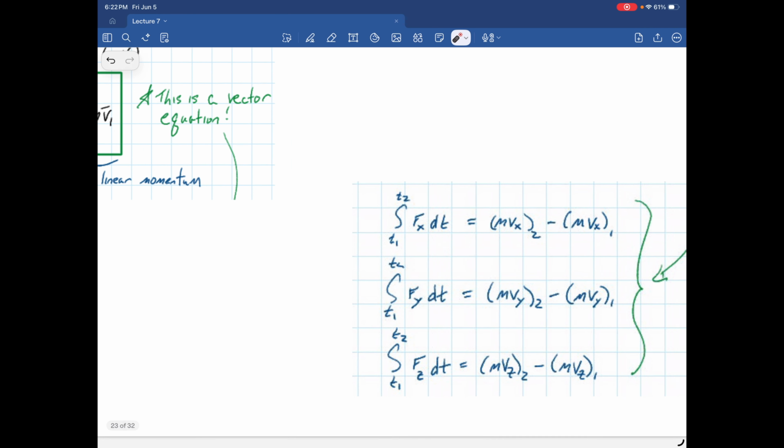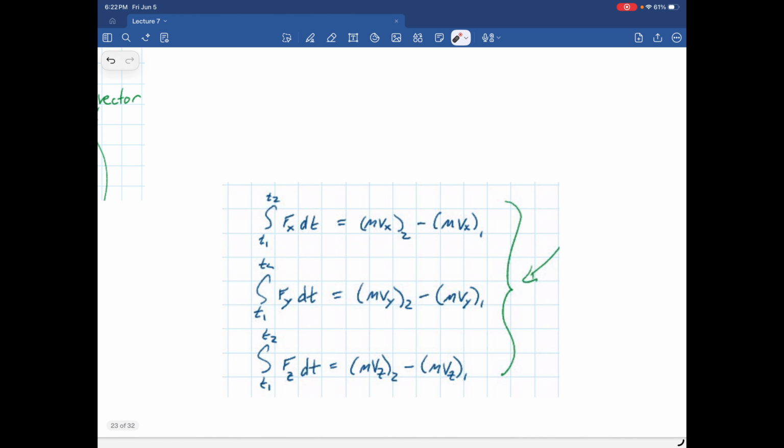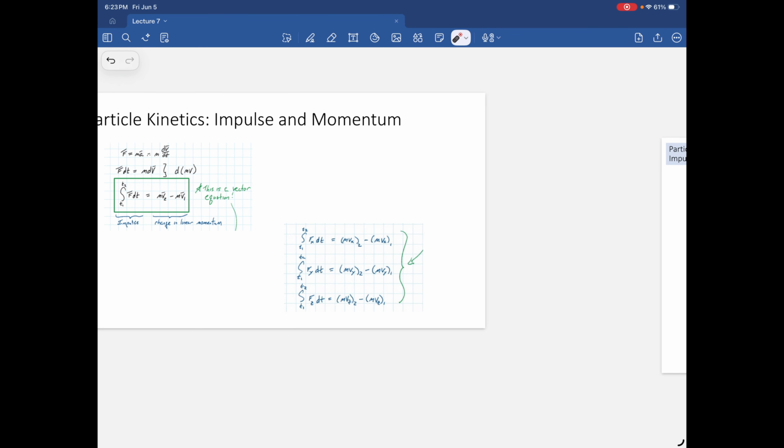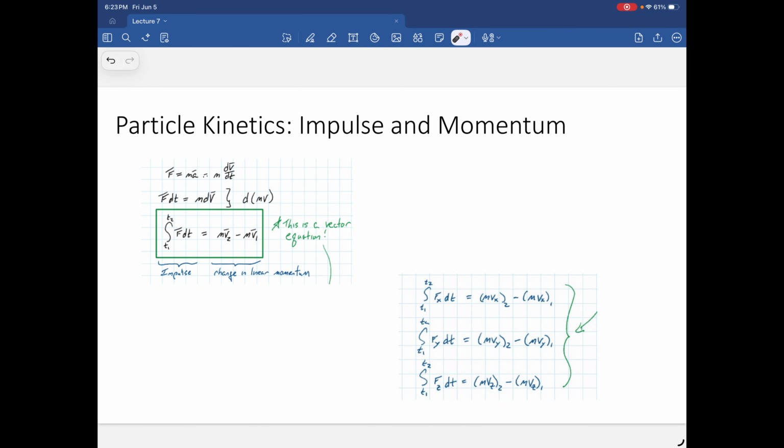Since it's a vector equation, if it were in 3 dimensions, we would have Fx, Fy, and Fz, and vx, vy, and vz. Typically for the problems we'll be looking at, it will only be in the 2-dimensional realm. But you have to take into account that these are vector equations. So we'll be looking at that in the example problems that we take a look at now.